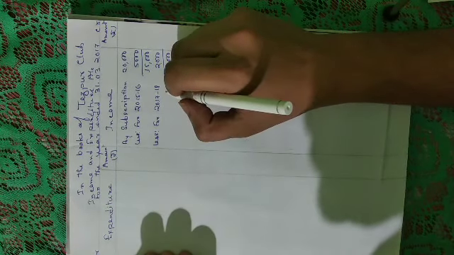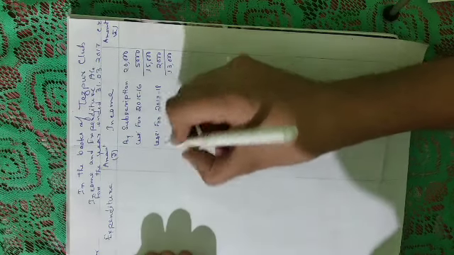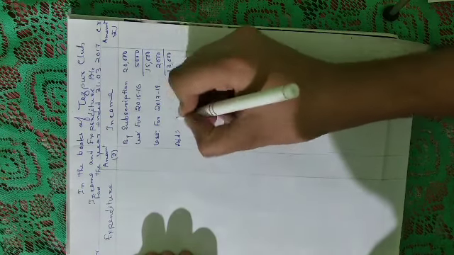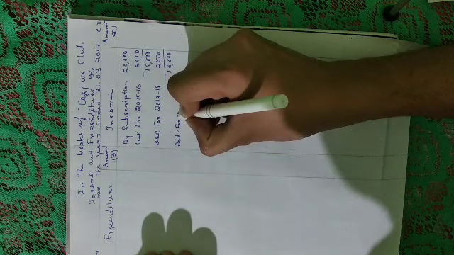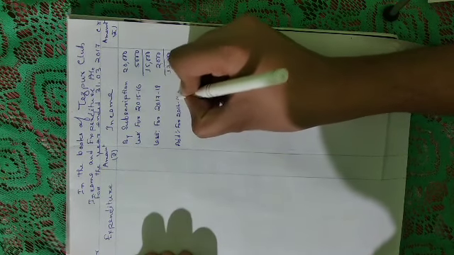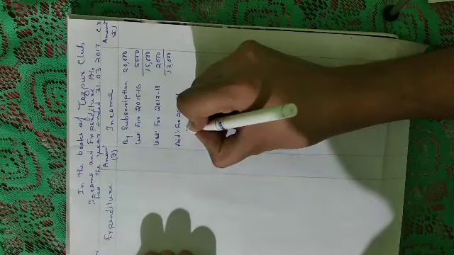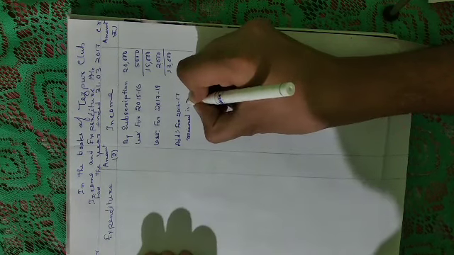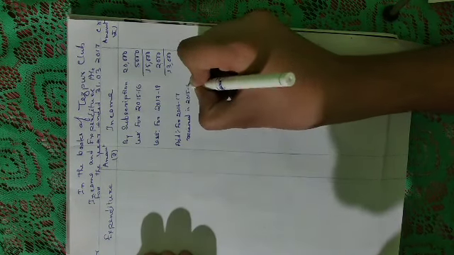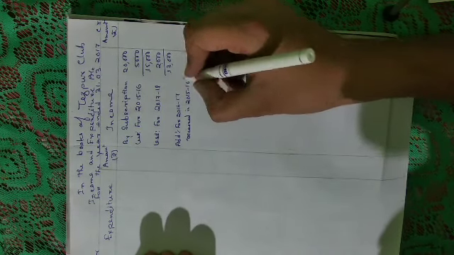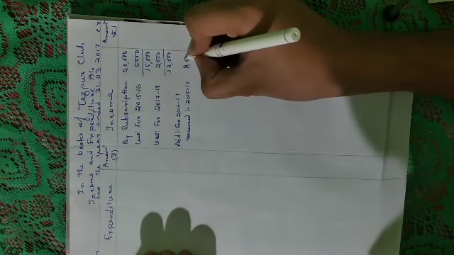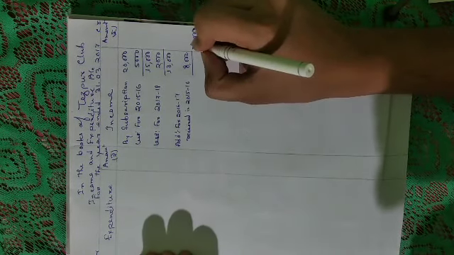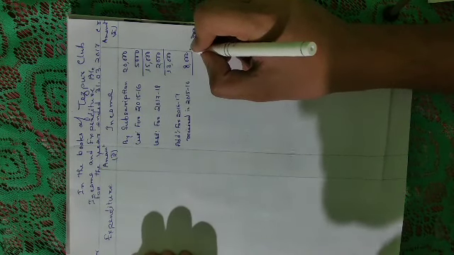Next, subscription for 2016-17 relates to the current year, so it will be added. Add for 2016-17 received in 2015-16 rupees 8,000. Total amount is 21,000.